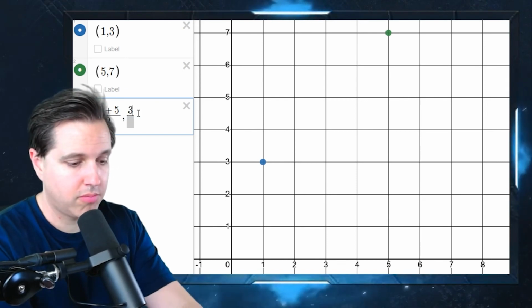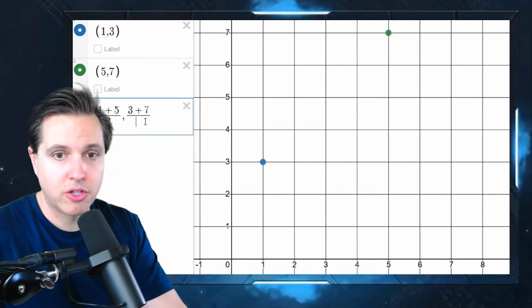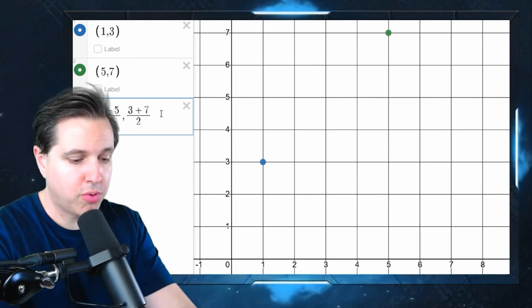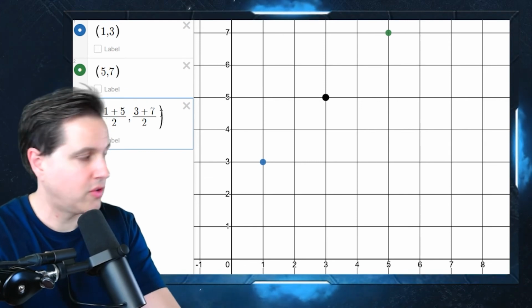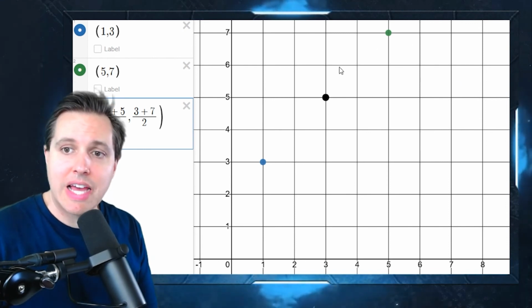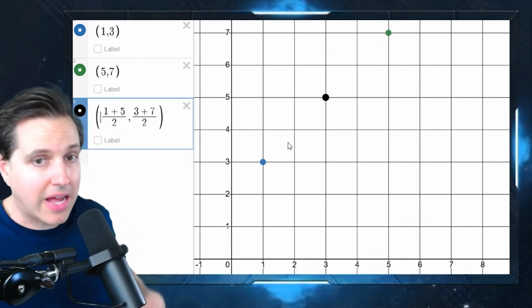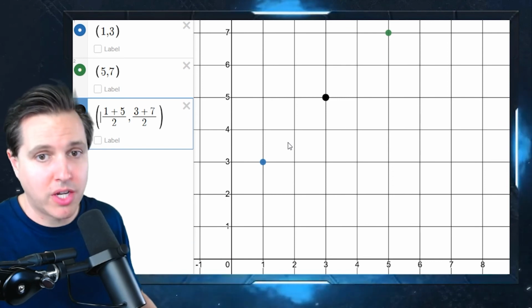So 3 plus 7 divided by 2, and then if we just put that in the parentheses for our point, it gave us a point, and as we can see, that does in fact lie right in the middle of these 2 points. So that's how you would go through and calculate the midpoint in between 2 points.